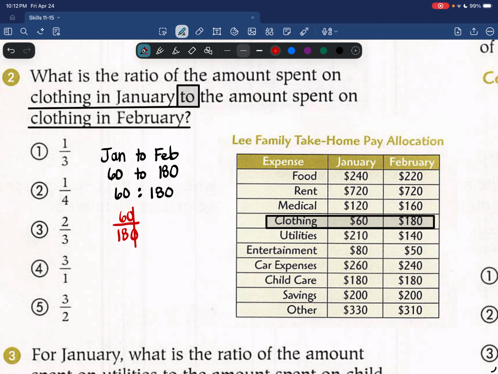Cancel a set of zeros, and this time you can reduce by 6. 6 into 6 is 1, and 6 into 18 is 3, and I like that answer. Be very careful though. Is it number 1 or number 4? It is number 1. You have to get the 1 and the 3 in the proper order. Sorry about that.